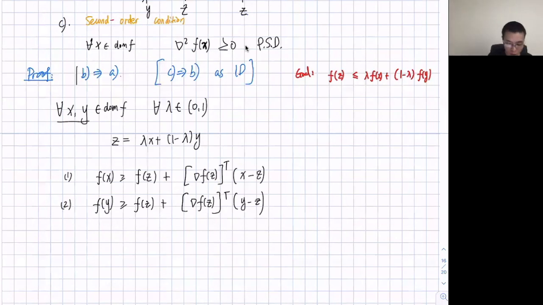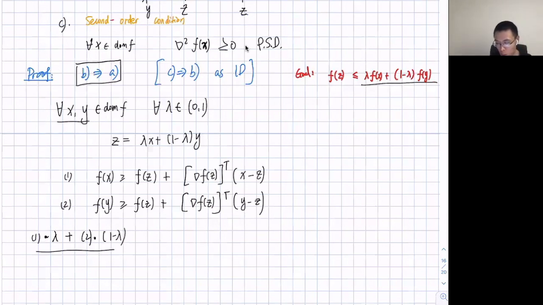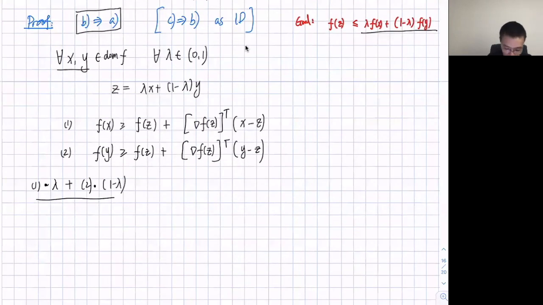My goal here is, I know the first order condition holds, and I want to show it satisfies the definition of a convex function. So now I can say 1 times lambda plus 2 times 1 minus lambda. If you do this, then you almost get it.